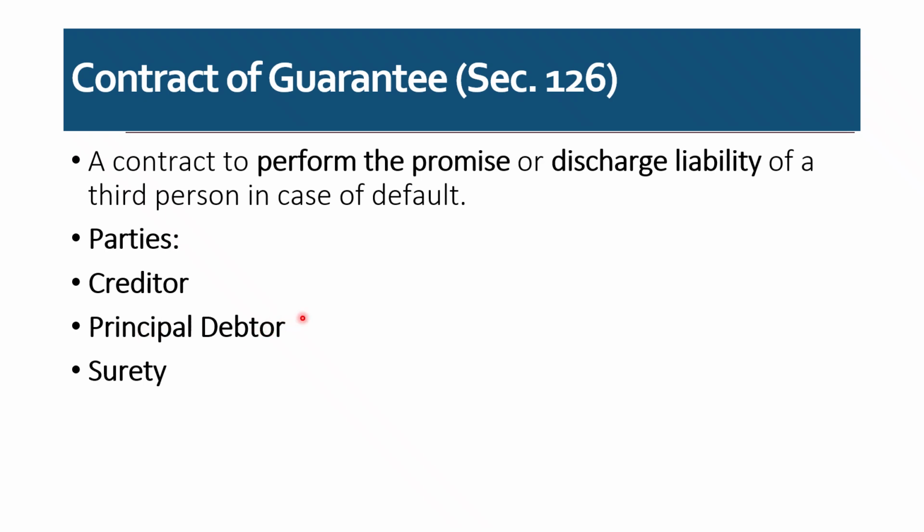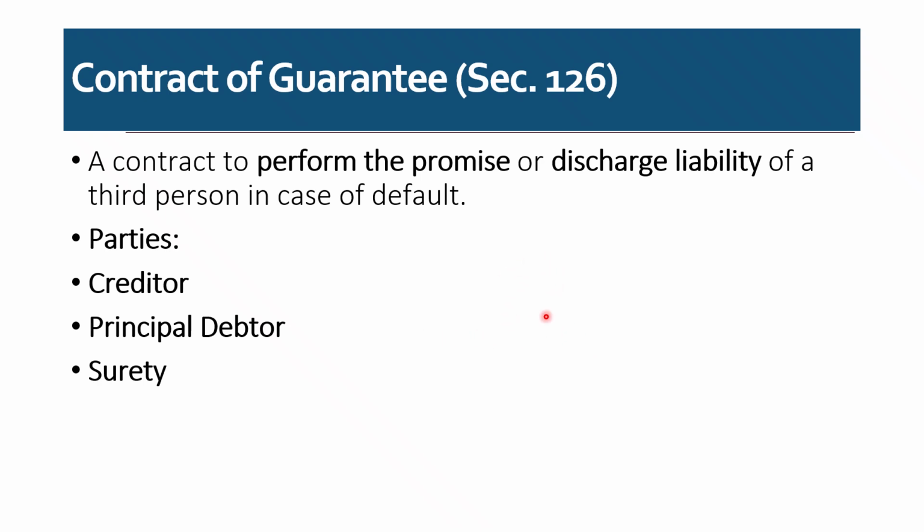For example, you are starting up your own business. You go to the bank to ask for a loan, and the bank says that you need to get a surety, to assure that you will be able to pay back your loan. So one person here becomes the guarantor. The principal debtor is nobody but you, who is starting the business.